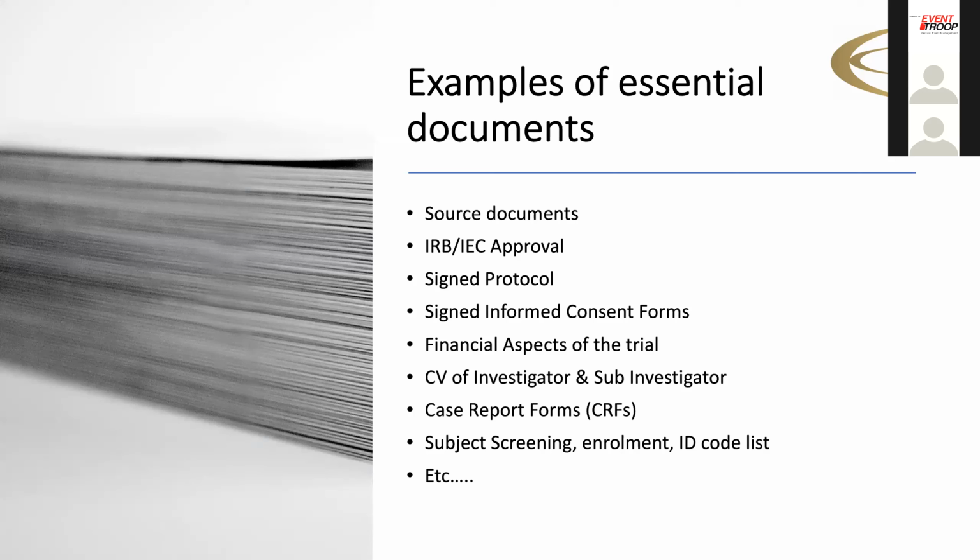So that IRB approval letter has to be part of the file. All safety information that's happening as the subjects are progressing is filed. Any communication you have with the sponsor of the trial, you are going to file that as well. So all of these are essential documents, which are like a nice big storybook, which tell us how the study is progressing.